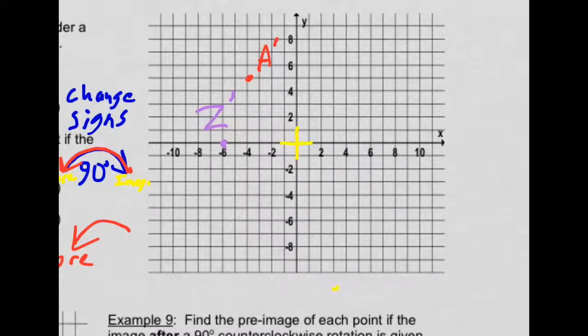Negative 4, 7. There we go. One more time again. Rotate that. Okay. That's a little bit better. So we've got negative 7, negative 4.